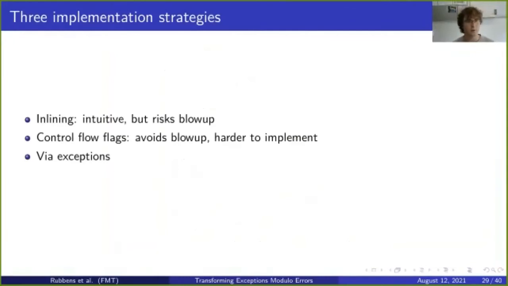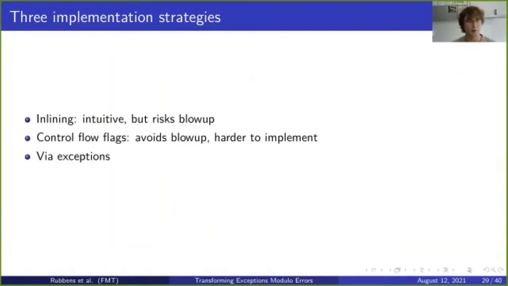Now there are 3 options for this, 2 of which we have seen in earlier work, and the third one is somewhat novel. So the first one is the inlining approach. It's seen in practice often. It's intuitive and it works well, but you risk blowup because finally clauses are inlined recursively.